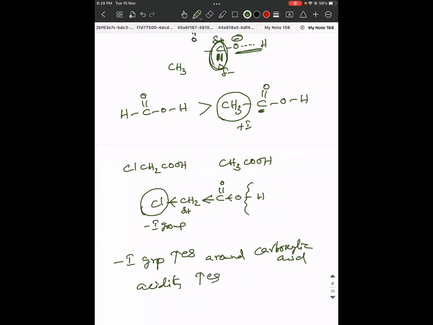So now you tell me: trichloroacetic acid, chloroacetic acid, and dichloroacetic acid, and then acetic acid. Among these four, which is more acidic? Which is the strongest one?